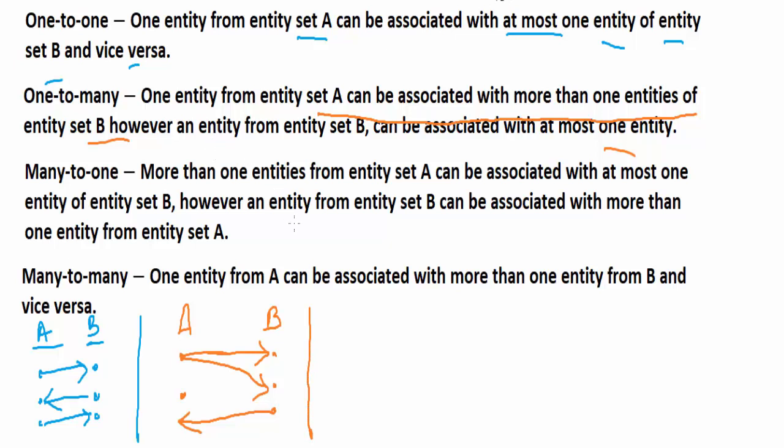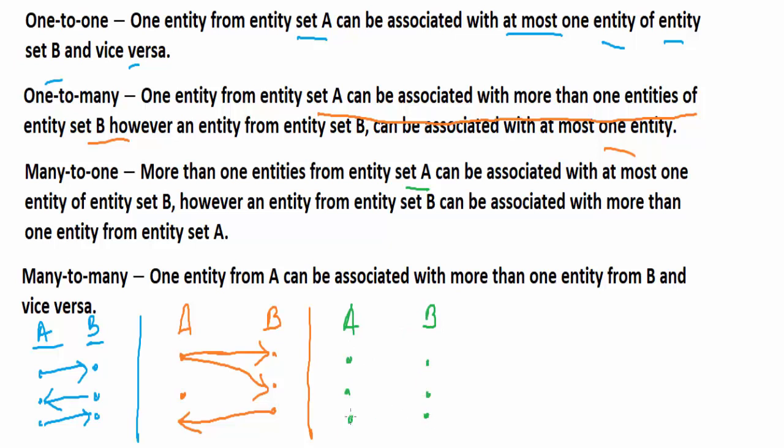Now we have many to one. More than one entity from set A can be associated with at most one entity of B. However, an entity of B can be associated with more than one entity of A. Suppose A and B, with 1, 2, 3.